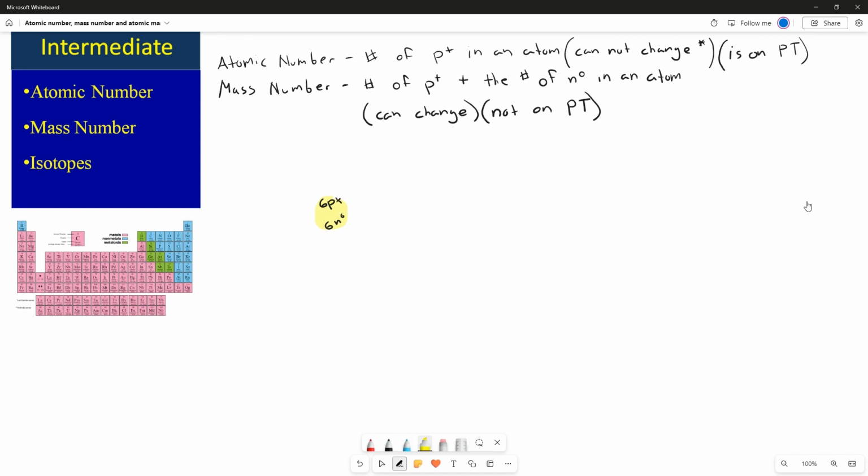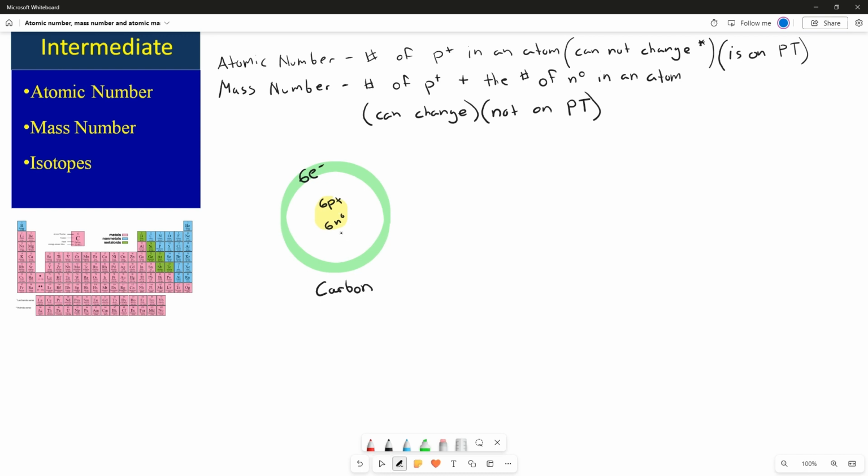And then in the electron cloud, and right now we're not super worried about the number of electrons. We'll talk about that soon, but not in this video. In the electron cloud, we're also going to have 6 electrons. Well, by definition, any atom that has 6 protons is a carbon. So this is a carbon atom.